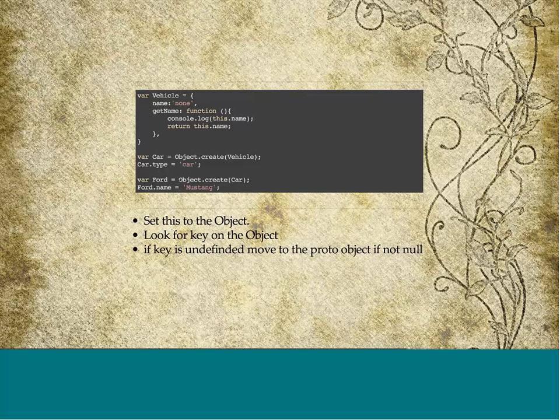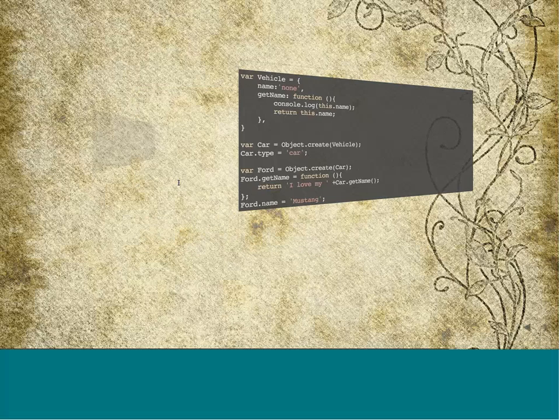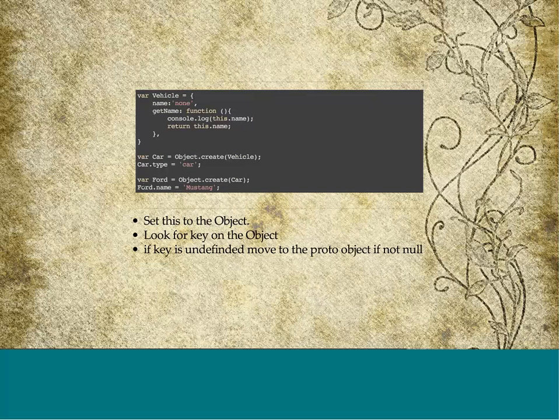So now it will go up to car, because car is the proto object of forward. It will not be able to find it in car, and so now it will go up to vehicle. It will now find the getName. And this has not changed any. This is still the forward object. And so that's why in this particular example, you actually get Mustang displayed, because this is actually the Mustang object.